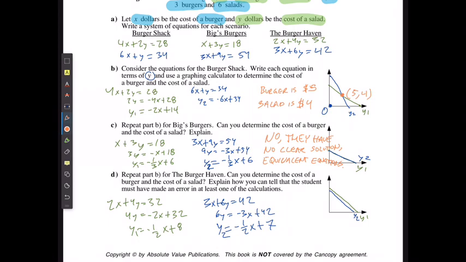Well, I have two parallel lines, which means that in this case there is no possible solution. The lines will never cross.